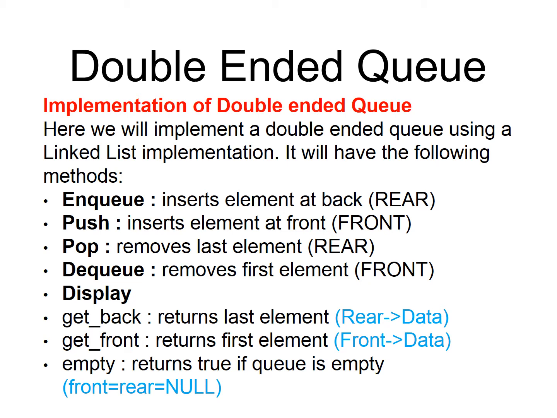Then you will have a display method, which will display all the elements of the double-ended queue. There are other functions which are available, like get back, get front, is empty. Get back will display the last element, get front will display the first element, is empty will check whether my double-ended queue is empty or not.